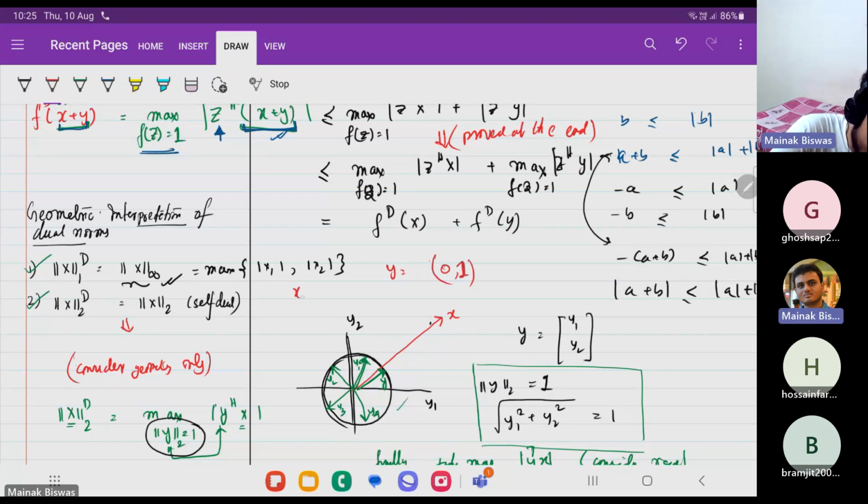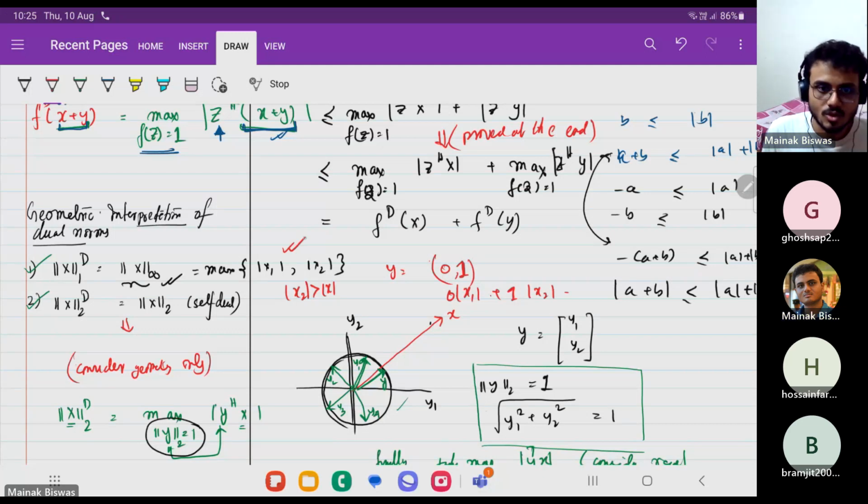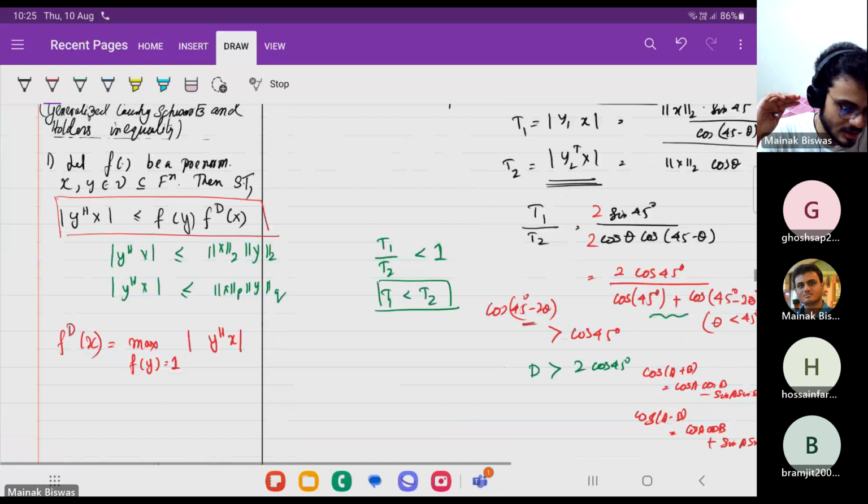Because x2 was greater than x1, right? Then I took the dot product. I took 0 into x1 plus 1 into x2. So you ended up getting the maximum, right? So you are going to optimize for the y and then put it back and get the maximum value. That's the idea, right? Now it's clear, right?